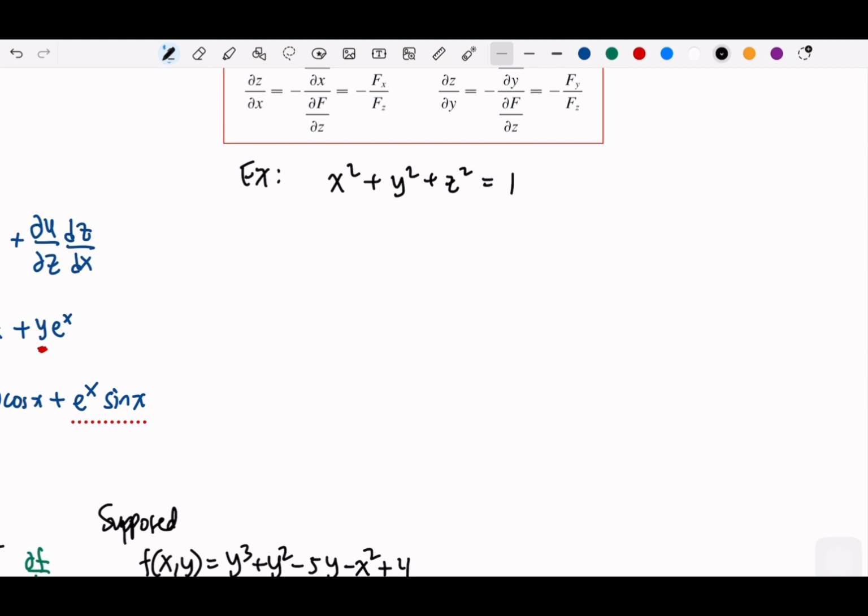Let's say we have a restriction equal to 1. If z is a function of two variables x, y, the question is what is dou z dou x and dou z dou y.